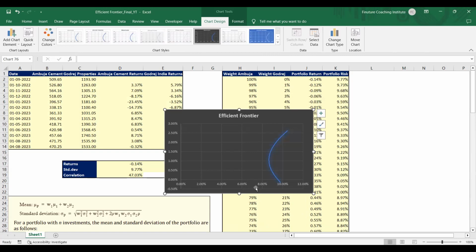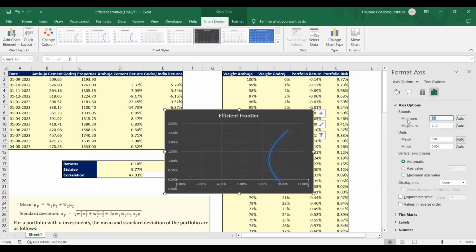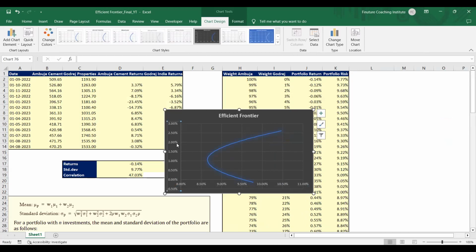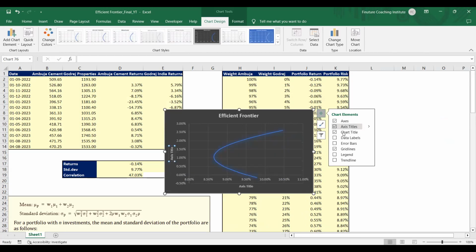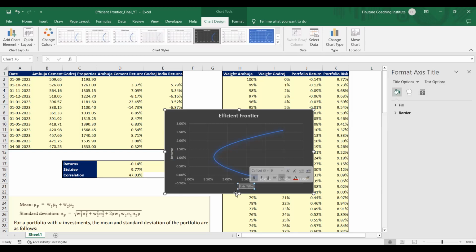Let me just rescale this axis because you might not be finding what we saw on the slide. Yeah, now it looks like a book. And let me rename axis titles. So let me just do this as returns, and this one is risk.